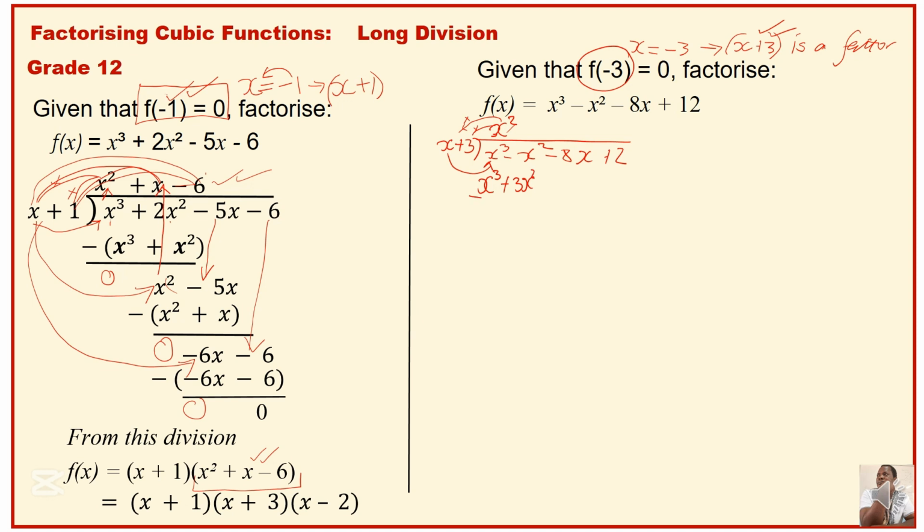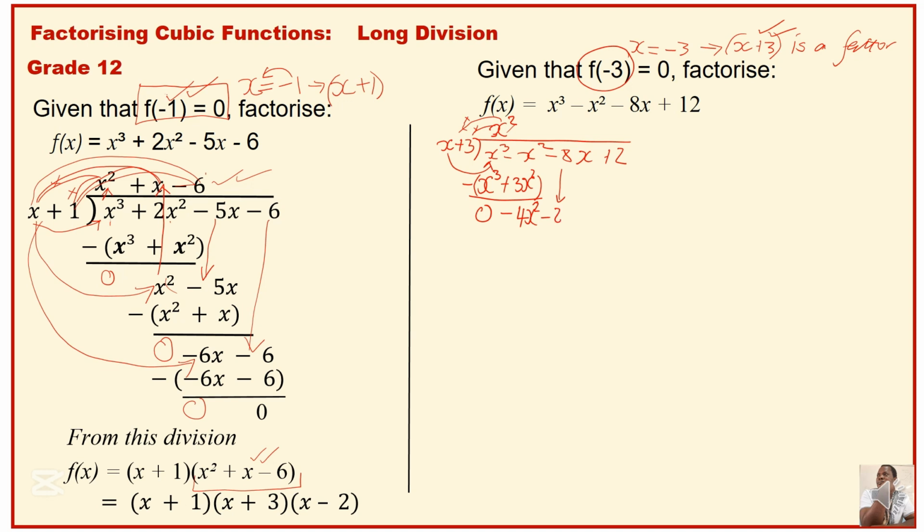Put brackets and subtract. X cubed minus x cubed will give me 0. I'm subtracting, remember. So this is minus x squared minus 3x squared. This will give me negative 4x squared. After subtracting, the next term, which is minus 8, you bring that term down here to get minus 8x.